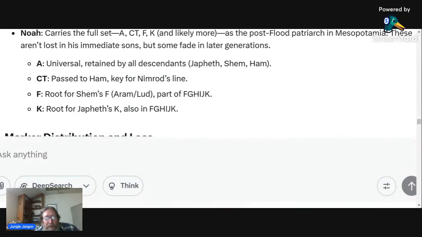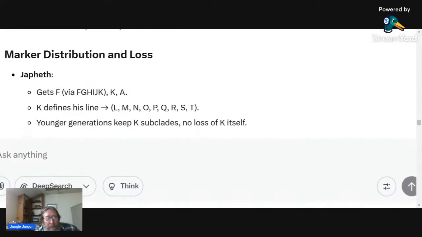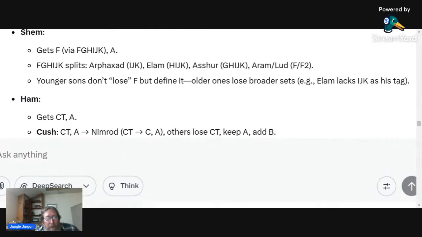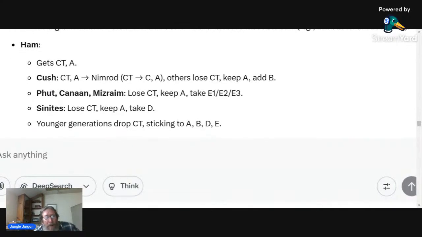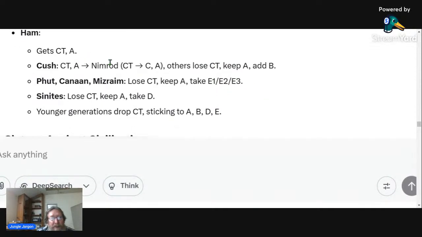Okay, and it goes through it again. Ham gets a CT. Cush gets a CT, passes it to Nimrod, but then the brothers of Nimrod don't have the CT. The A and the B don't have it. The D and the E don't have it.